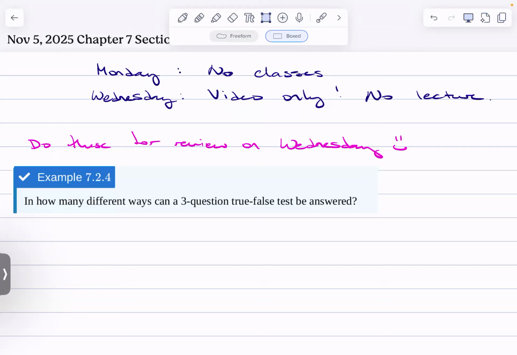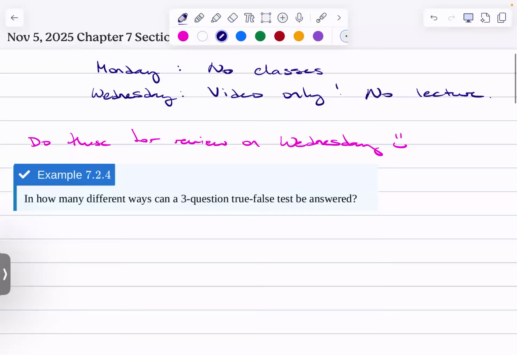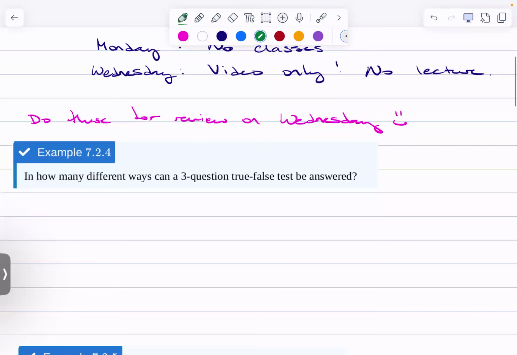So, in how many ways can a 3-question true-false test be answered? And so I'll state the assumption here that you must give an answer. Right? If you're kind of thinking critically, you might say, well, you could leave it blank, but why would you do that? Right?